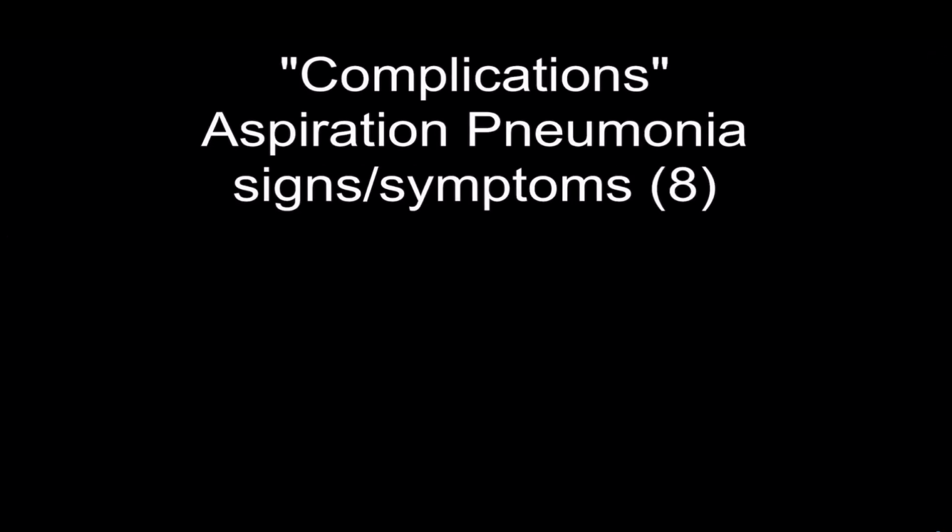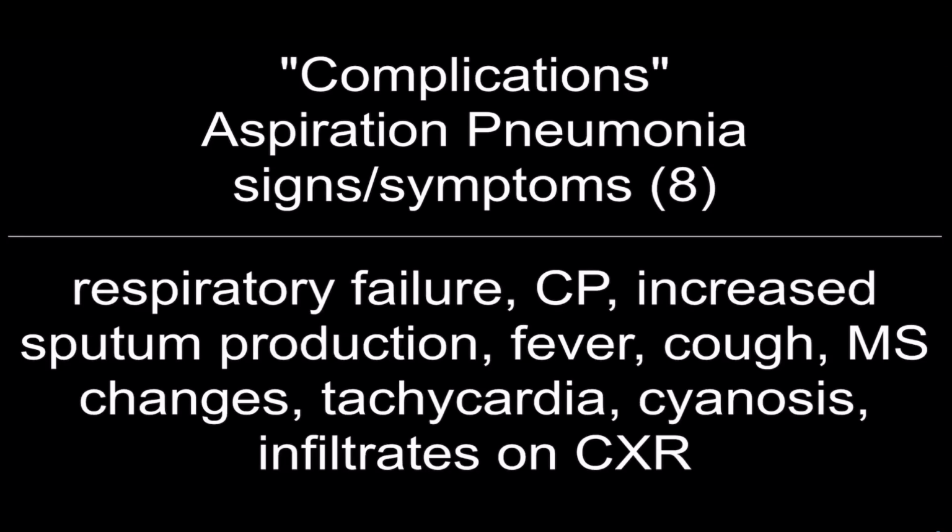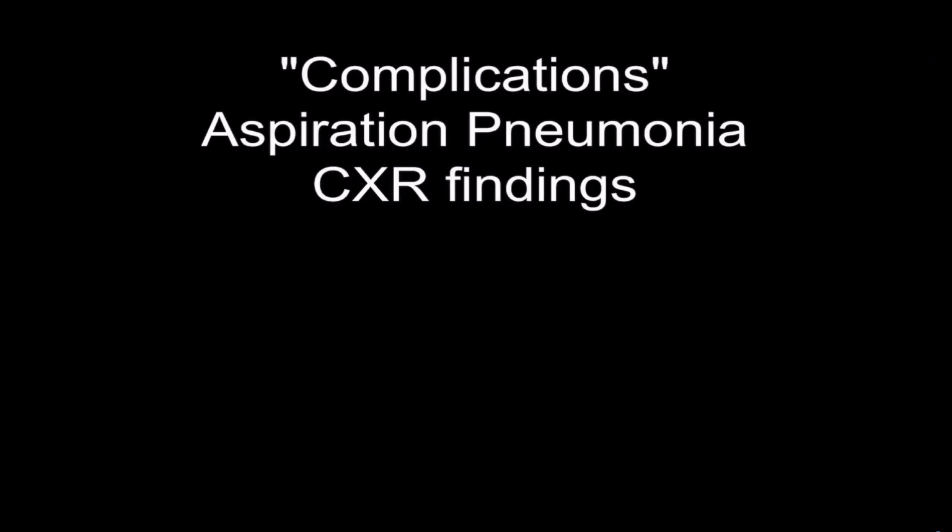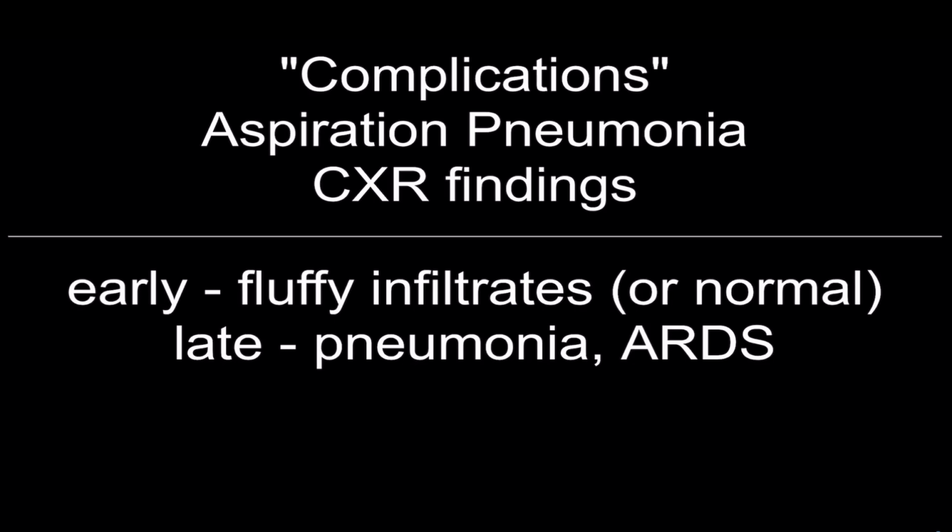Signs and symptoms: respiratory failure, chest pain, increased sputum production, fever, cough, mental status changes, tachycardia, cyanosis, and infiltrates on chest x-ray. Chest x-ray findings: early fluffy infiltrates or normal, and late you see pneumonia and ARDS.